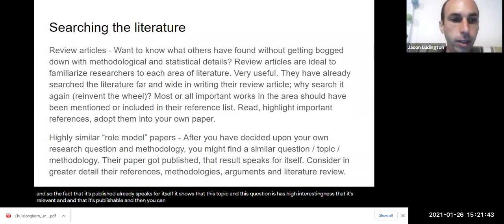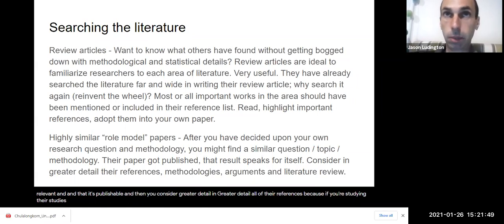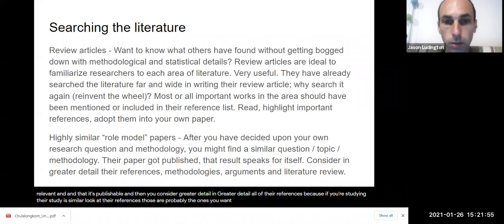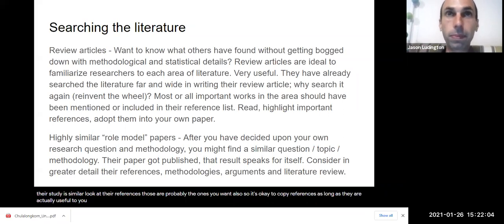And then you consider in greater detail all of their references, because if your study and their study are similar, look at their references. Those are probably the ones you want also. So it's okay to copy references as long as they are actually useful to you and that you've read them, or at least read the abstracts.